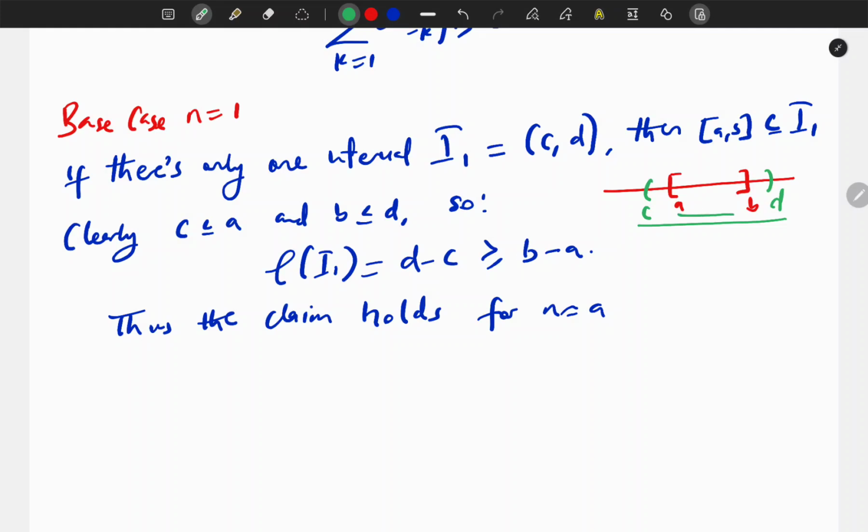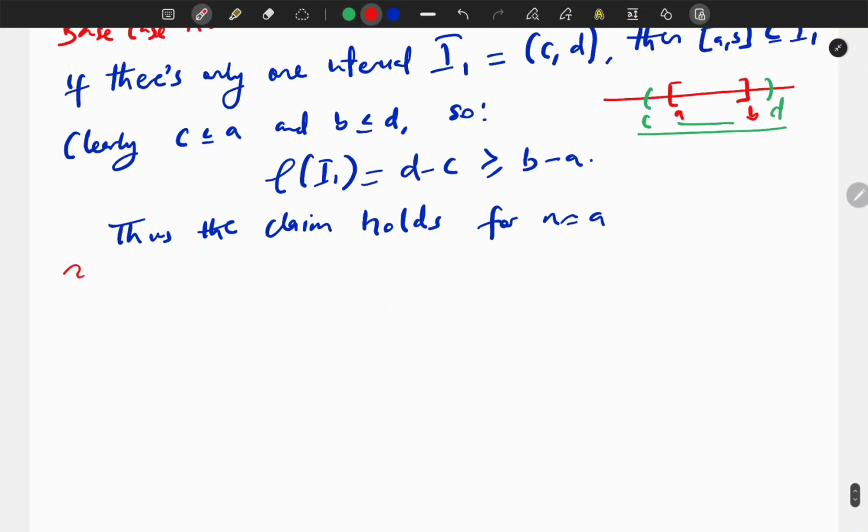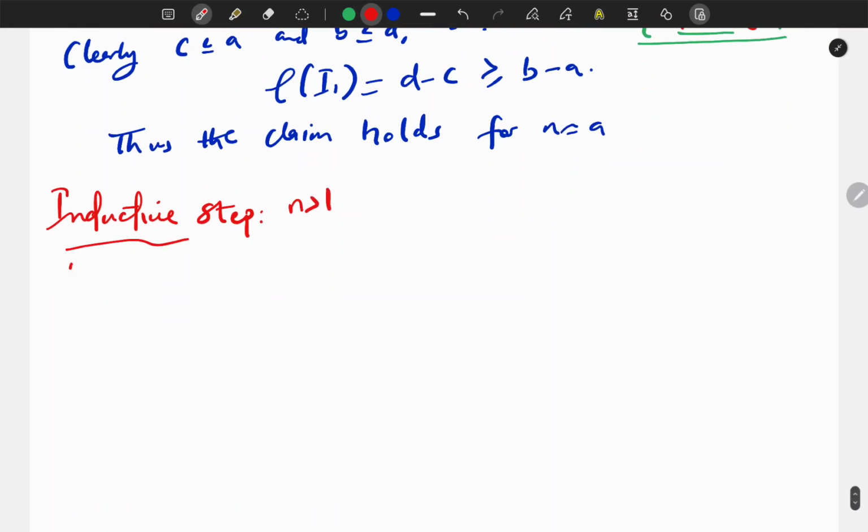So that is just for the base case. So let's go to the inductive step, such that n is greater than 1. So in order to do this, we have to assume that the claim holds.